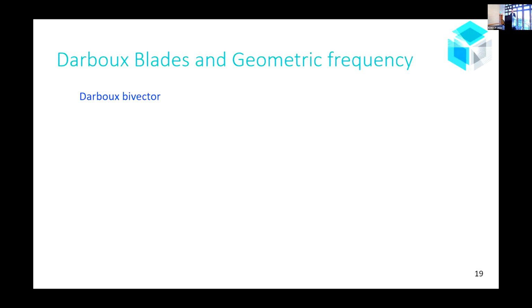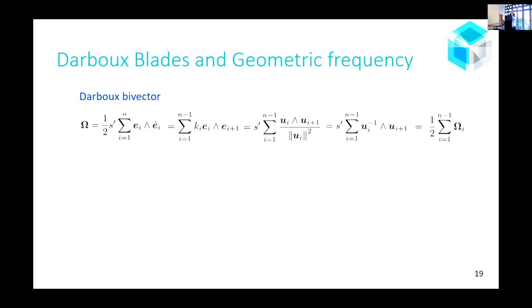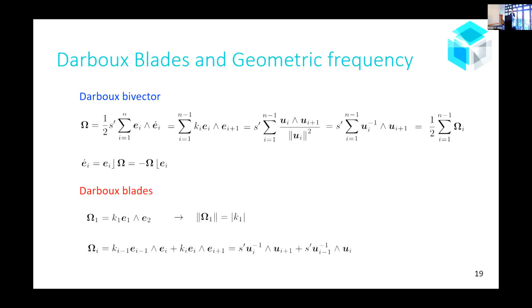Now we present one of the main findings of our work, which is the Darboux vector. We use a slightly different version from Hestenes's, more suitable for power systems, where the velocity is included in this vector. It has some properties shown here, and analyzing in detail the Darboux vector and its blades, we found it's advisable to separate them into two blades, omega i.